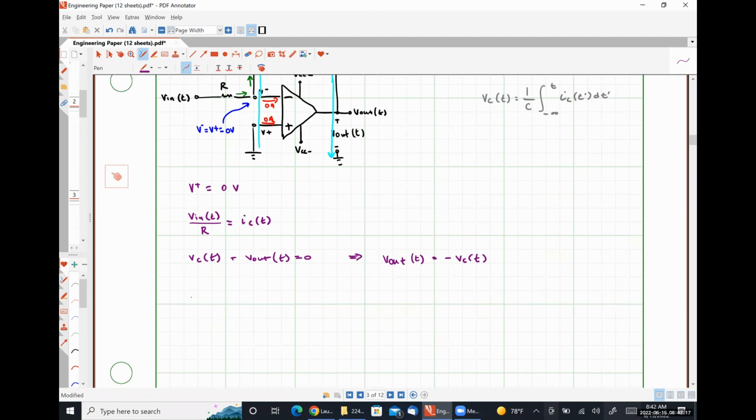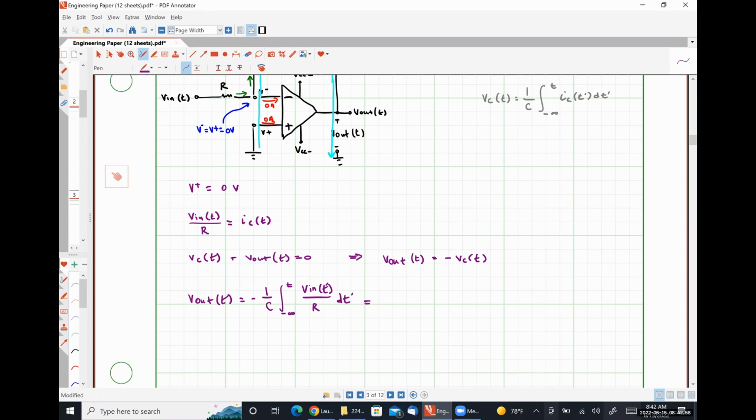Using this relationship, we can express negative VC of T as 1 over C times the integral of IC of T, which is where we bring in our input voltage relationship. So we're going to have negative 1 over C times the integral from negative infinity to T of Vn of T prime divided by R times dt prime.